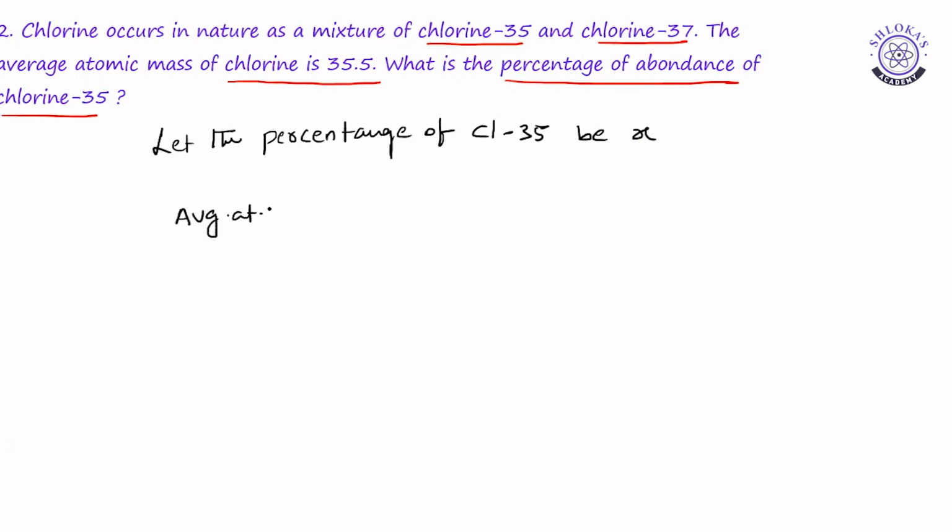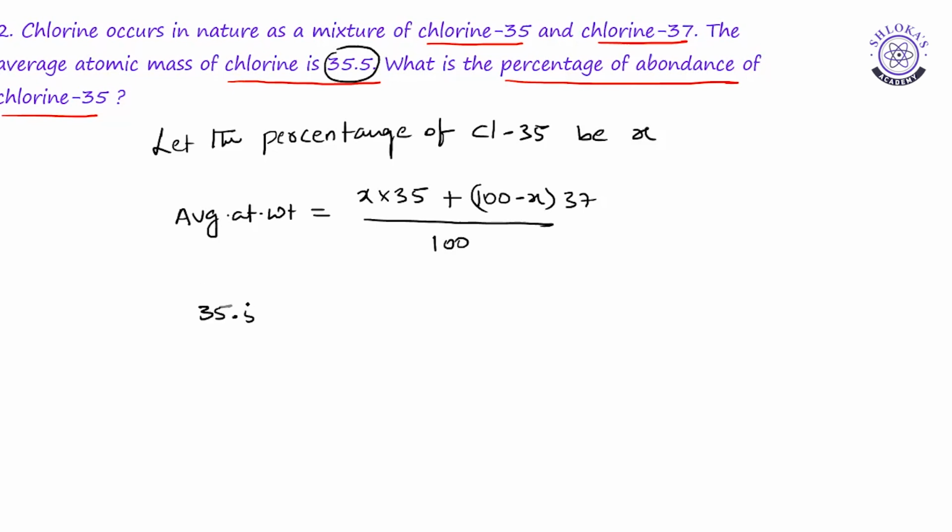Average atomic weight is equal to X into 35 plus (100 minus X) into 37 by 100. What is the average atomic weight given in the question? 35.5. Substituting 35.5, and here 35x plus 3700 minus 37x by 100.